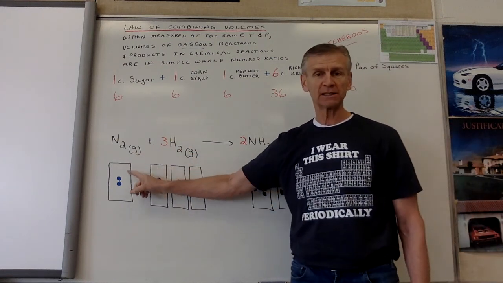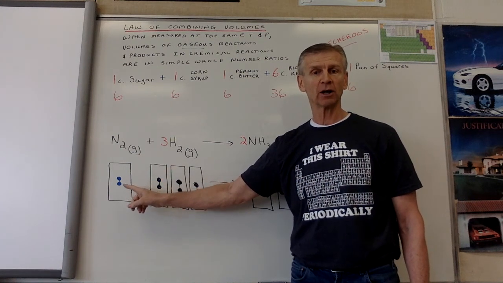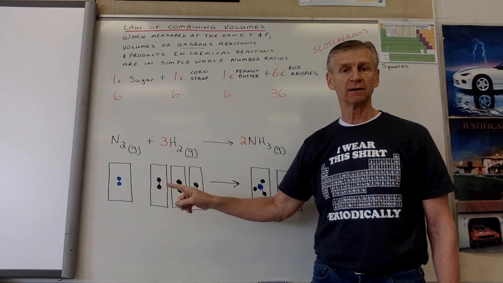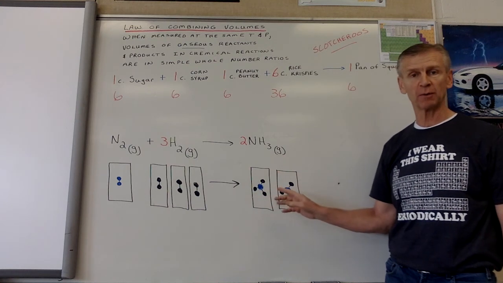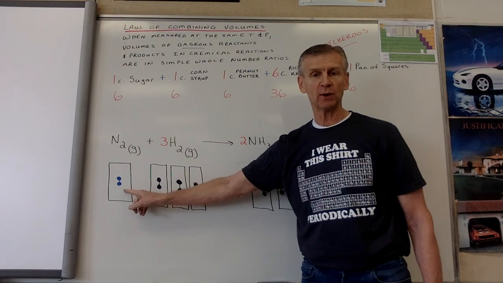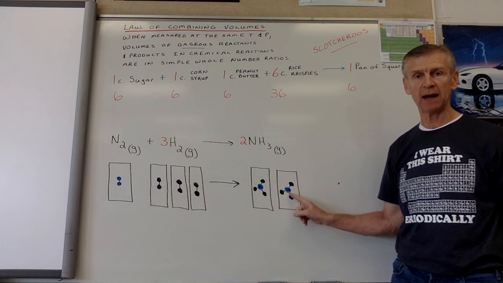Well, we know from our studies in chemistry that nitrogen is a diatomic molecule. Hydrogen is also diatomic. And if we look at ammonia, the compound that we produce when we put them together, we had 2 nitrogen atoms that went in, and we had 2 nitrogen atoms that came out.